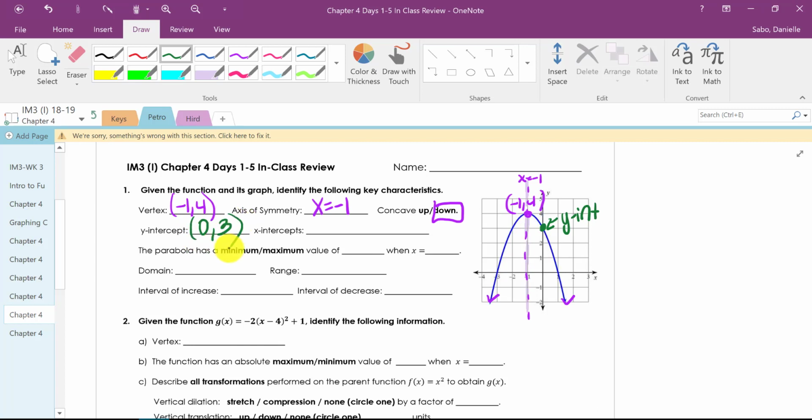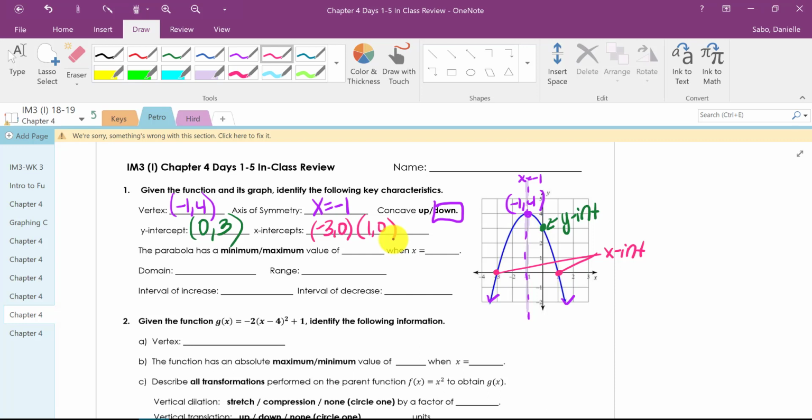Your x-intercepts, we have 2 of them in this situation. We have one here and one here. So these are my x-intercepts, and they are at -3, 0, and 1, 0. Again, we go left 3, so -3, and we don't go up or down anything. That's why it's -3, 0.